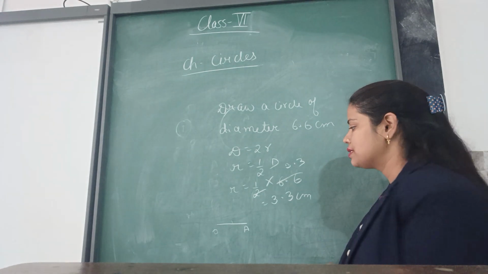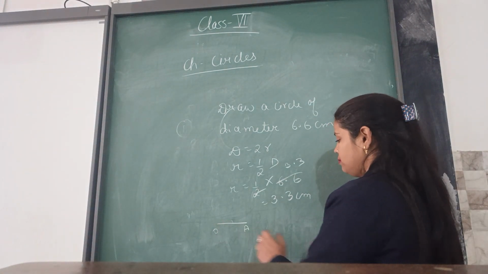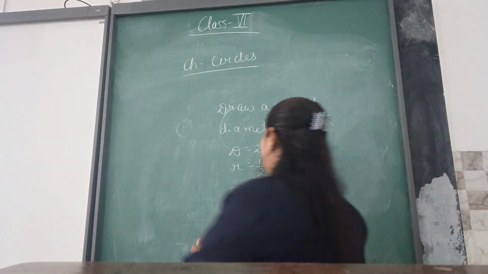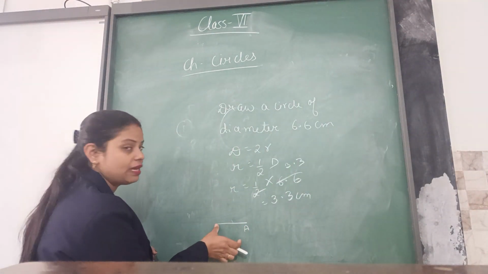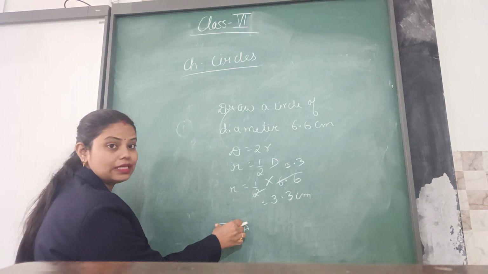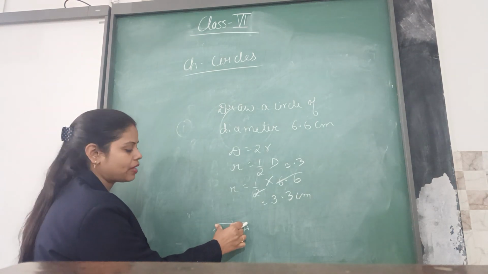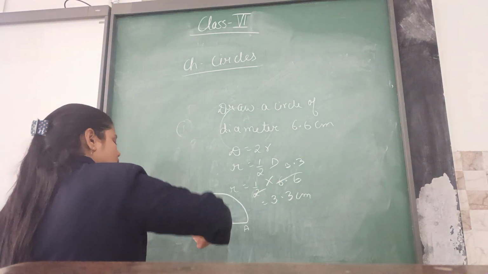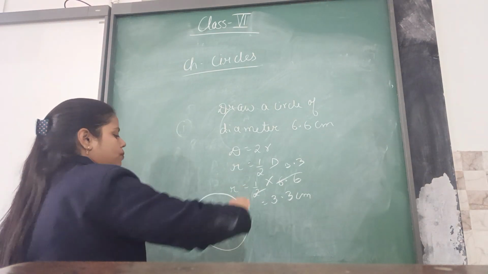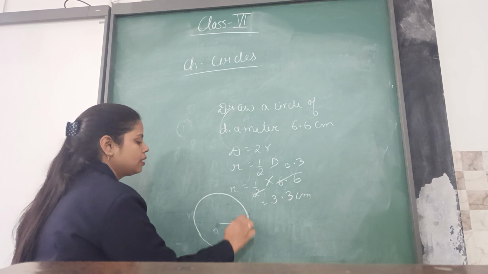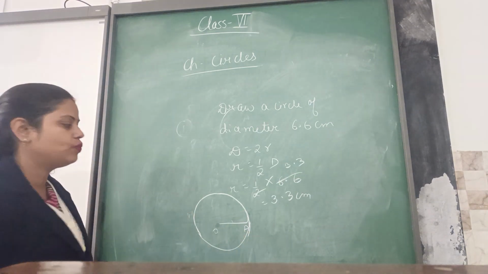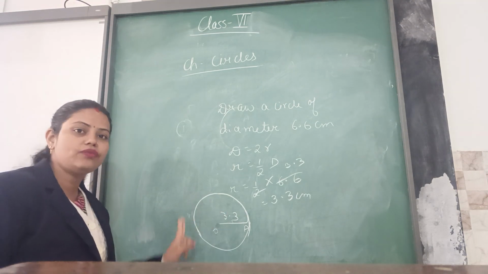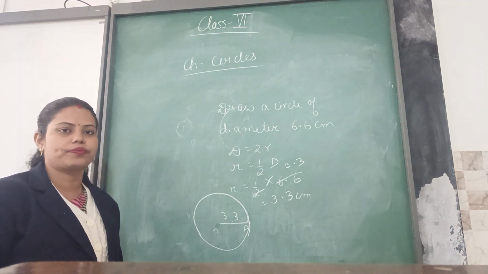Then take your compass, keep the sharp end at point O, and the other end where you are holding the pencil at point A, and then draw. So the circle that we will be getting will have the radius of 3.3 centimeter and its diameter will be 6.6 centimeter.